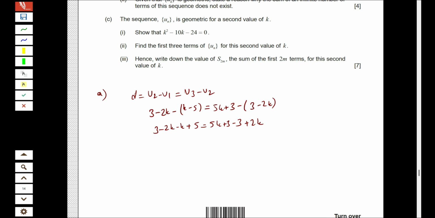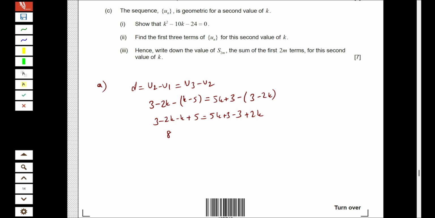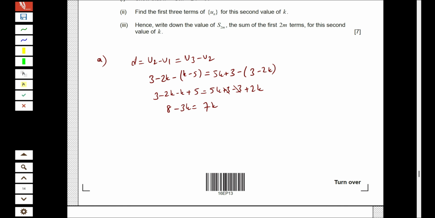If we combine like terms, we find 8 minus 3k equals 7k; the 3 cancels. If we add 3k to both sides, it's 10k equals 8. k is 8 divided by 10, which is 4 over 5.